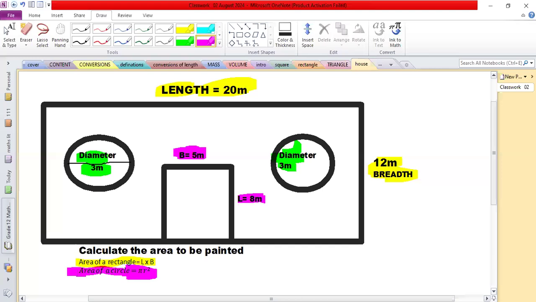You can write it on a piece of paper, or in the chat section, wherever you want to work on it. Area to be painted.